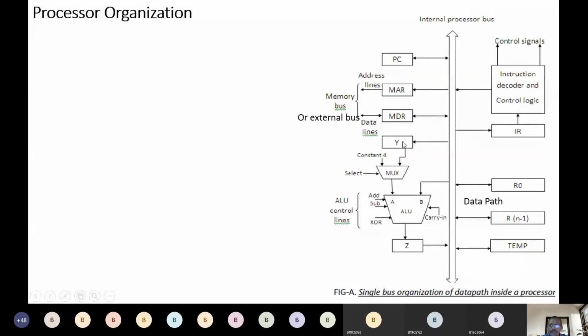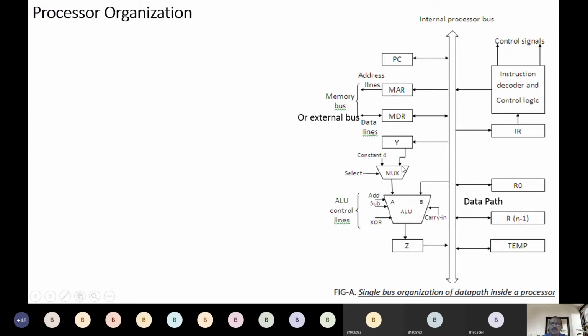From where is this Y getting the data? It may be getting the data from one of the registers, maybe from R0. From R0, data flows to the internal processor bus and into the Y register. From there, this multiplexer will get the data.